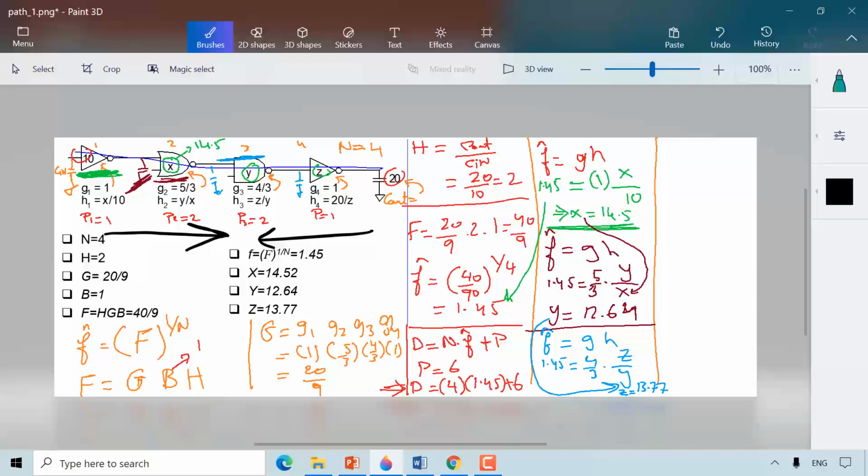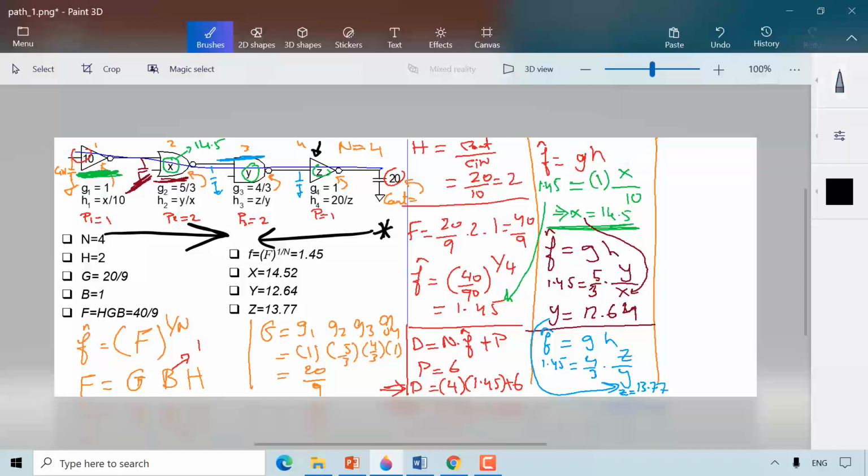For example, if the exam asked about Z, the other way is probably better, because now to find Z, I had to find Y, and to find Y, I had to find X. But if I start from this side, I will find Z very quickly. So let's start from the output side.